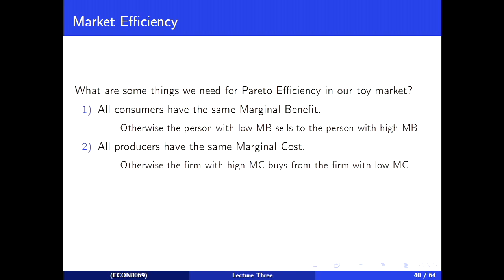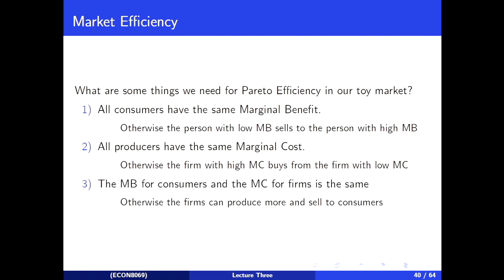Because otherwise, the firm with high marginal cost can produce one less good, the firm with low marginal cost produces one more good, and the firm with high marginal cost just buys the good instead of producing it, right? And therefore, we can produce at a lower cost. We can make both of our firms better off by having the high marginal cost firm produce less, the low marginal cost firm produce more, and just trade money in such a way as both become better off. So all producers have to have the same marginal cost for that last unit they produce.